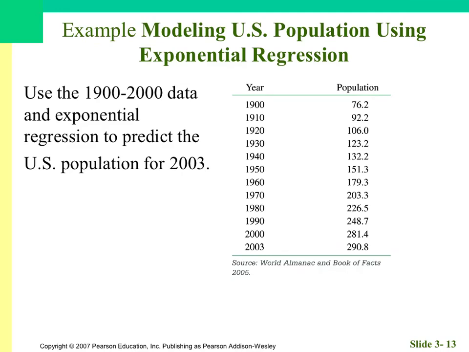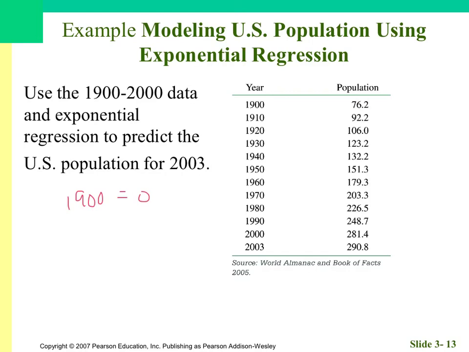Use the data from 1900 to 2000 and exponential regression to predict the U.S. population for 2003. So I would say let 1900 equal 0. Do the years since 1900 and use that for the population.